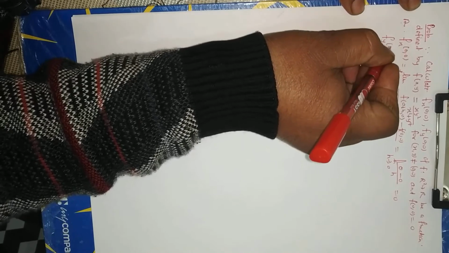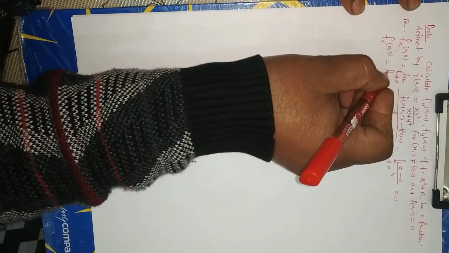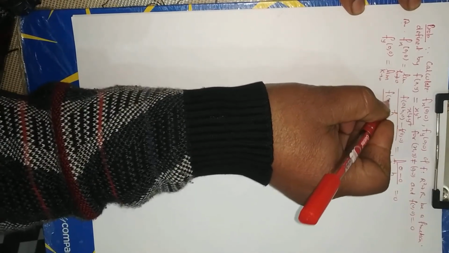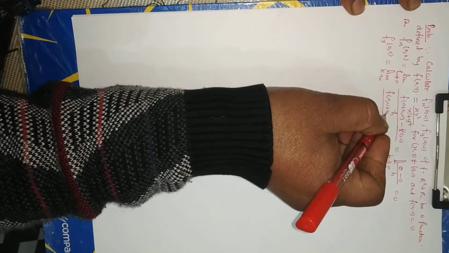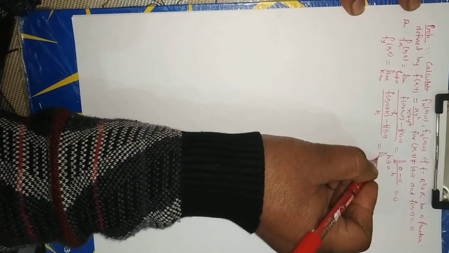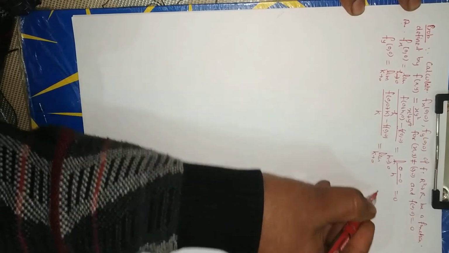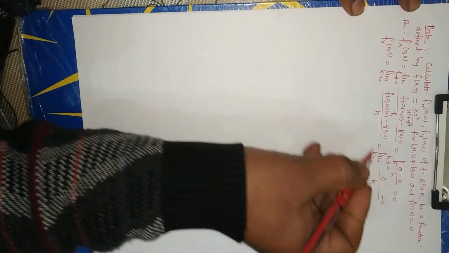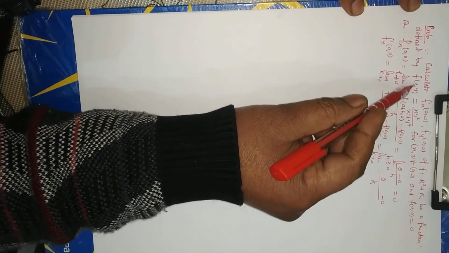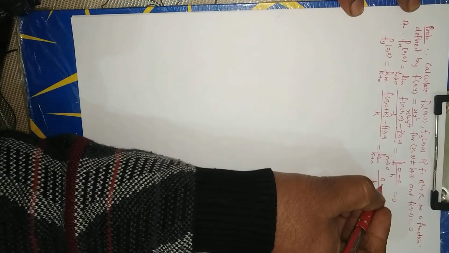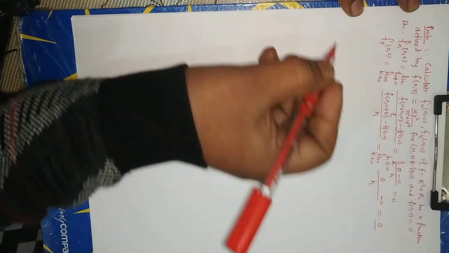Similarly, partial differentiation with respect to y can be written as the limit k tending to 0 of f(0, 0+k) minus f(0,0) upon k. The value of f(0,0) is equal to 0, and putting x equal to 0 and y equal to k in f(x,y), we get 0. This is equal to 0.